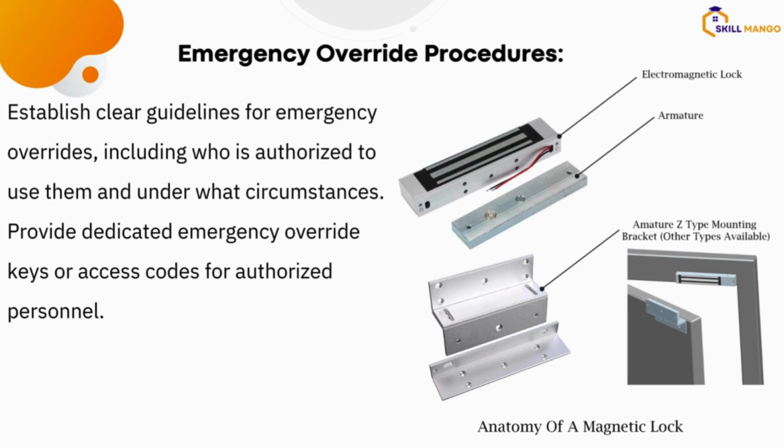This is very important. Then also, you have to look at this ZL bracket. When you are buying your maglock, you have to ensure that you buy your ZL bracket. The ZL bracket is the bracket you're going to be using to mount it on the door and on the frame. Looking at this picture, this is the connection. The maglock itself is on the frame and the armature is on the door.